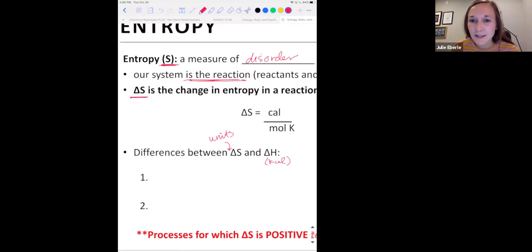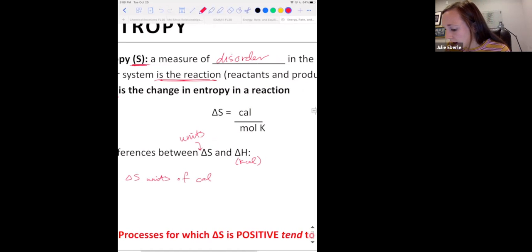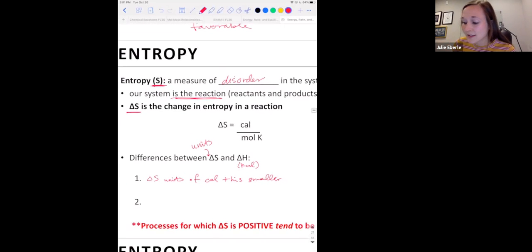So what that means is the units for delta S are much smaller, okay? So delta S has units of cals, and this is smaller than delta H. So changes in delta S, why are we using calories instead of kcals? Changes in delta S tend to be smaller, okay?